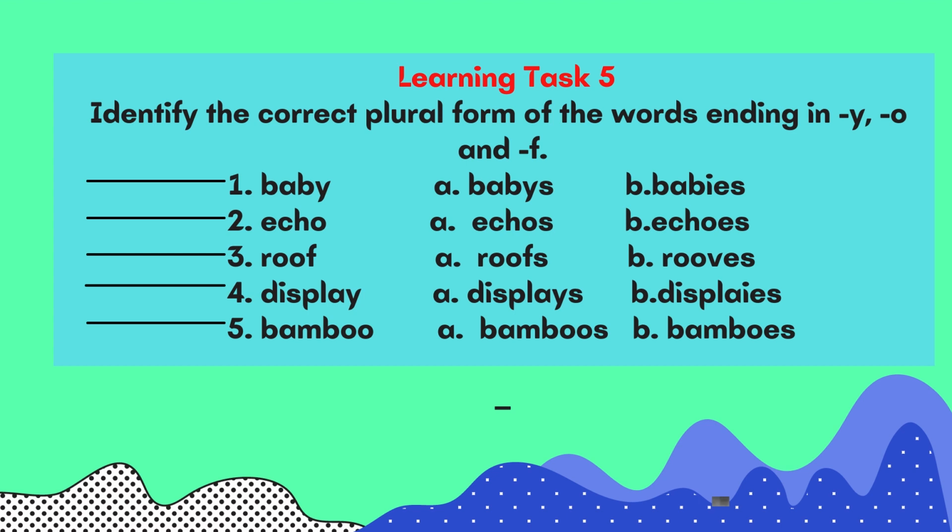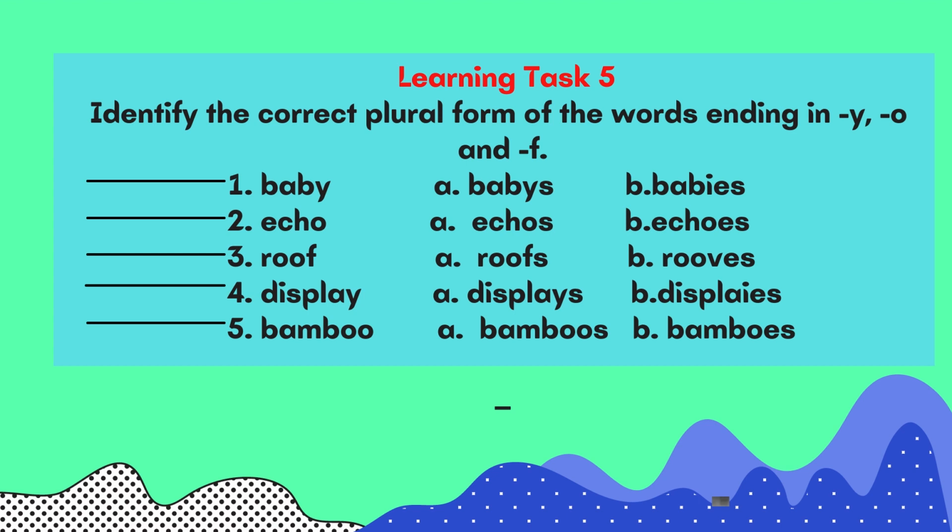So number 1, baby. A, babies, ending with S. And then letter B, babies, ending with IES. 2, echo. S is added for letter A. And for letter B, ES are added. 3, roof.